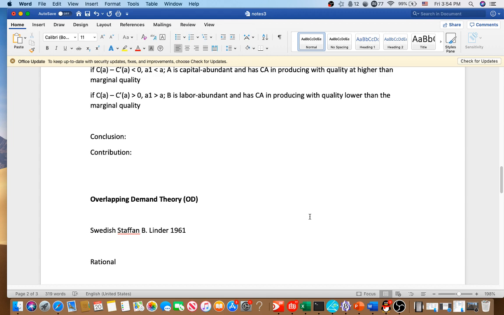So there is a possibility of trade, but the theory has been widely challenged because the production of capital intensive goods is not bound to export of high quality products, such as the existence of so-called handmade high quality products in trade practice.